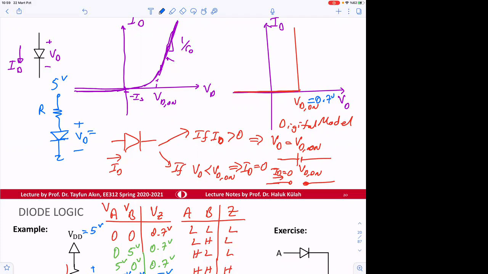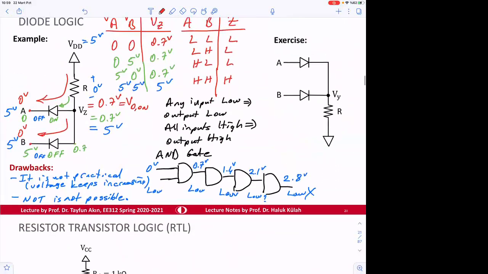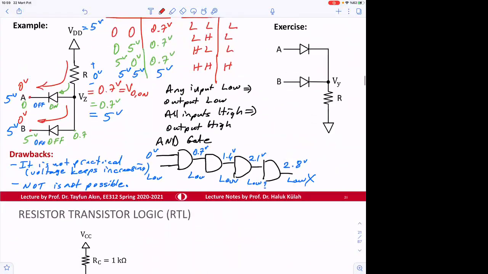I mean, now there's a current here. So I diode is larger than 0. I diode larger than 0 means V diode is VD on, which is 0.7 volts. Thank you, Hocam. I understand. Sure. Okay. So that's the thing.